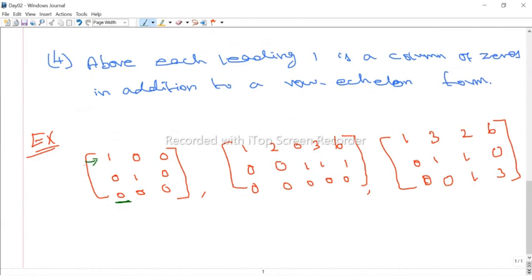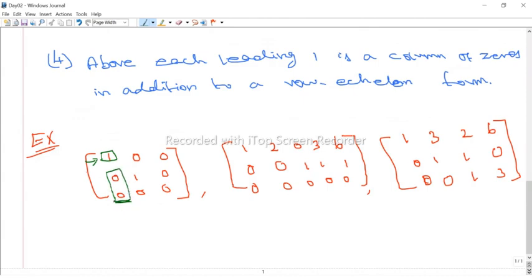Now, we have to scan each row. First, we scan the first row. Suppose we find the first non-zero entry, that should be 1. Now, this is the first non-zero entry, and it should be 1. And then the entries below it in the column are 0. Yes, it is 0.